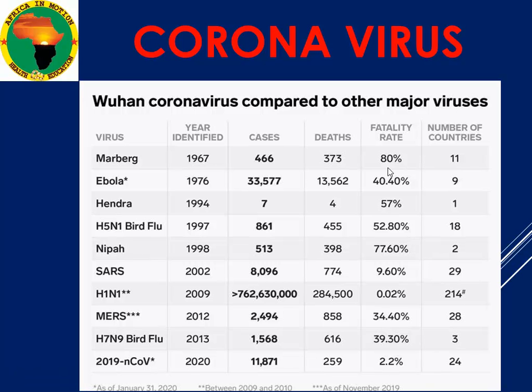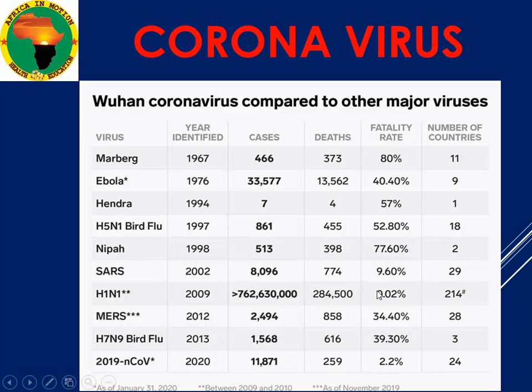Another one which killed a high proportion, what you call the fatality rate, killed 77%, and that was in Nepal, though it had only affected 2 countries.